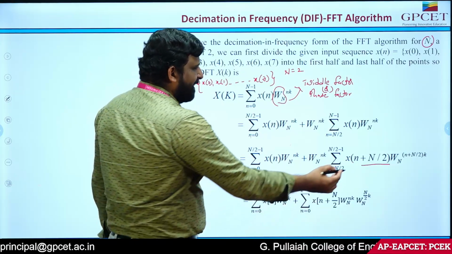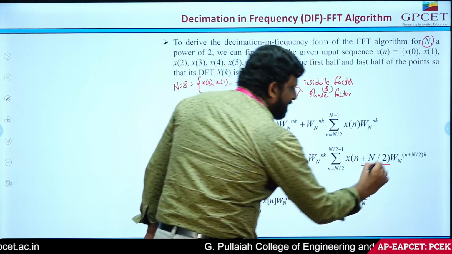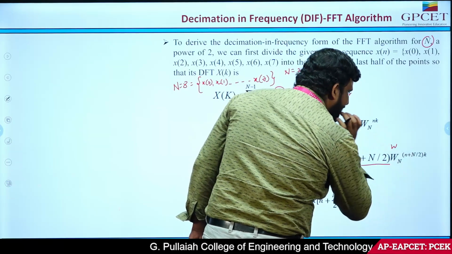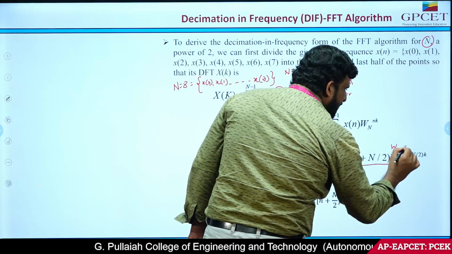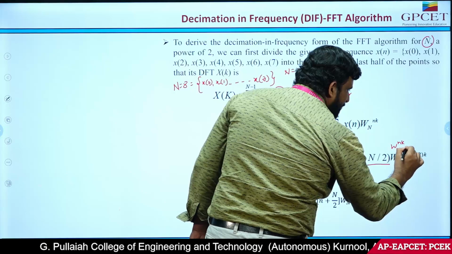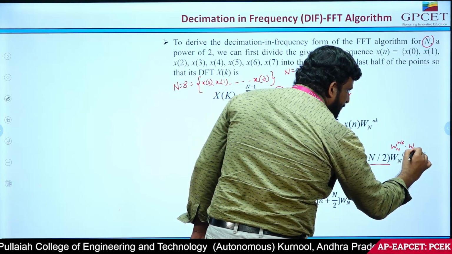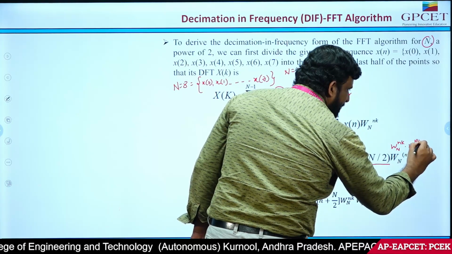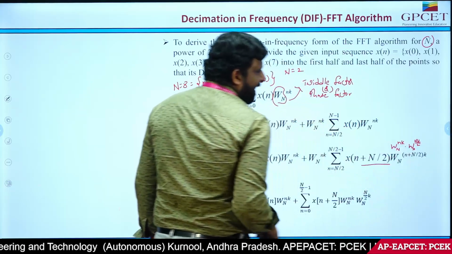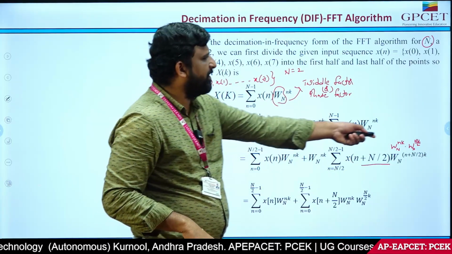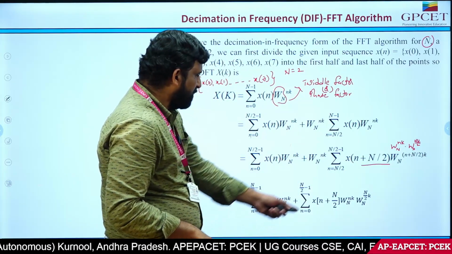So what happened here? I have subdivided, that means I have split this W_N to the power of nk into W_N to the power of nk times W_N to the power of N by 2 into k. A to the power of m plus n is equal to a to the power of m into a to the power of n, so like this I have written.